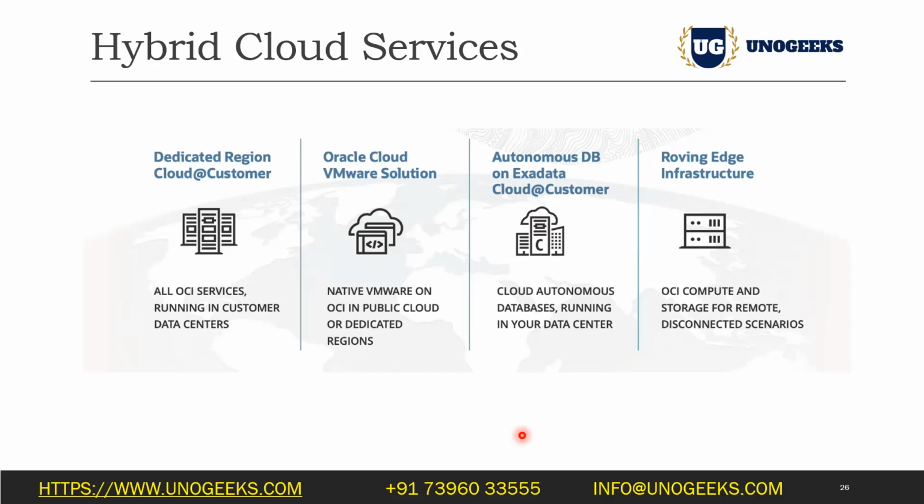In that case, you have this roving edge infrastructure, which is portable. You can destroy it anytime. It's compute and storage, optimized servers which can be operated in a remote fashion. So this is an isolated network provided by OCI.